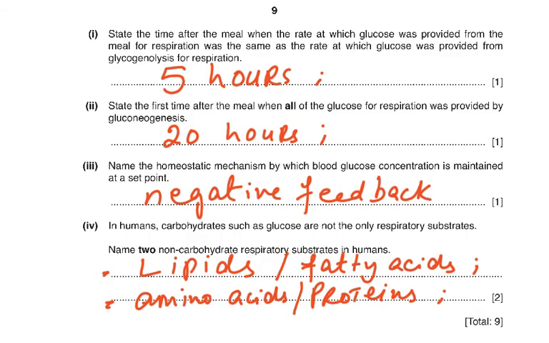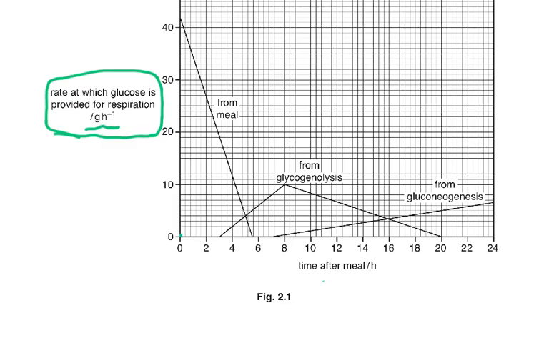Then in part 2, it said, state the first time after the meal when all of the glucose for respiration was provided by gluconeogenesis. Let's look at the graph again.